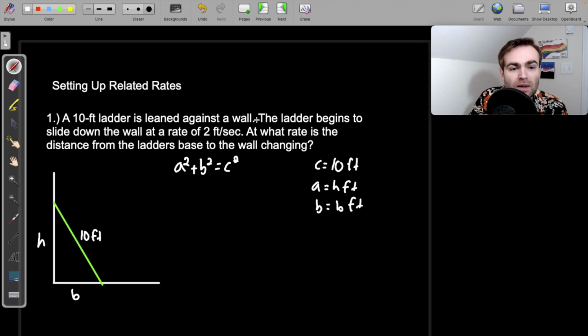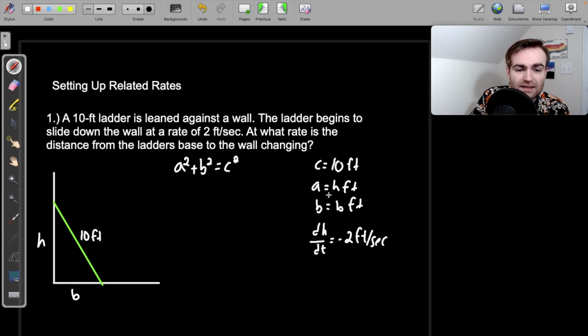And we know that the ladder slides down the wall at a rate of 2 feet per second, so that is talking about the change in height. So that would be dh/dt, and that would be equal to negative 2 feet per second. It's decreasing at 2 feet per second.